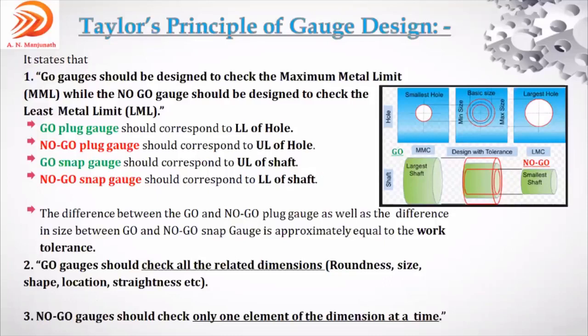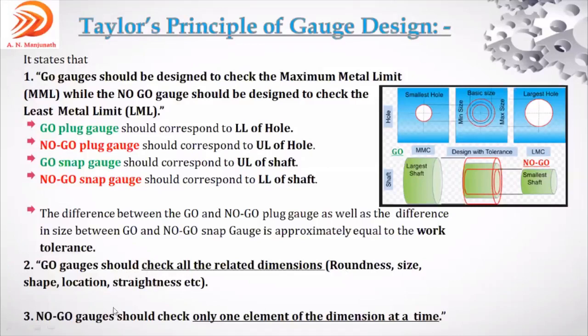The second one: the go gauge should check all the related dimensions. Related dimensions mean roundness, size, shape, location, straightness. All these dimensions the go gauge should check. At one point of time, it should check all these things: roundness, size, shape, location.